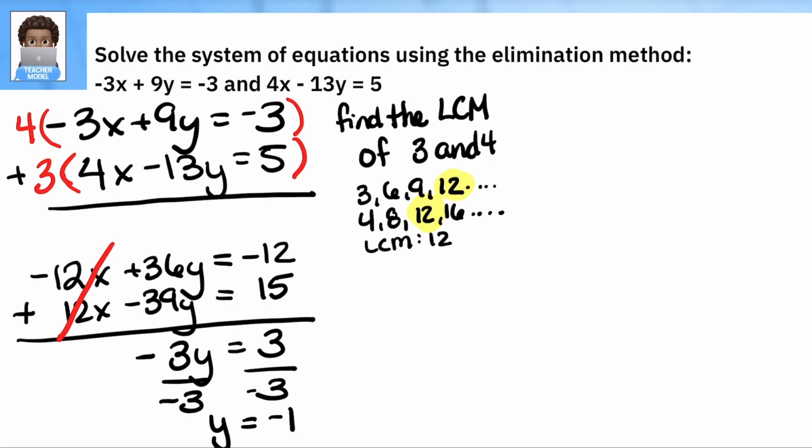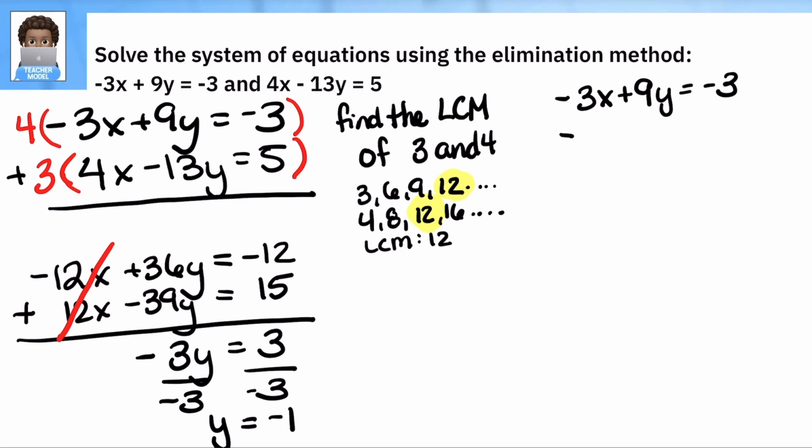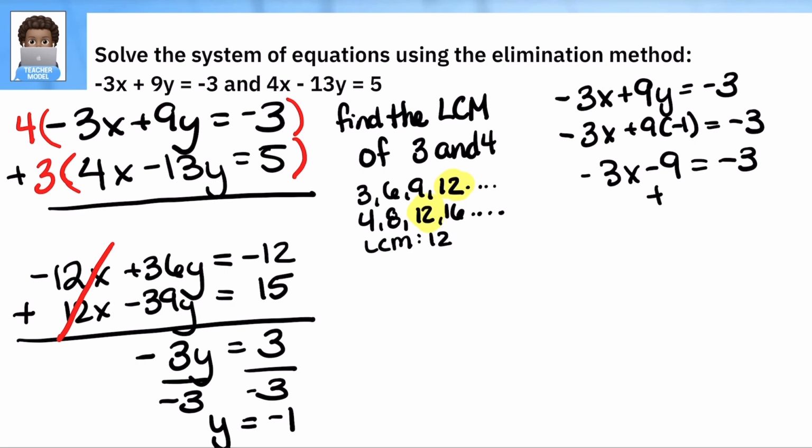So I'm just going to take one of the equations. I don't want the one with the 13. Not because it's scary, but just because I want to reduce opportunities for error. That's all I'm doing here. And let's substitute for y when y equals negative 1. Okay, so I get negative 3x minus 9 equals negative 3.